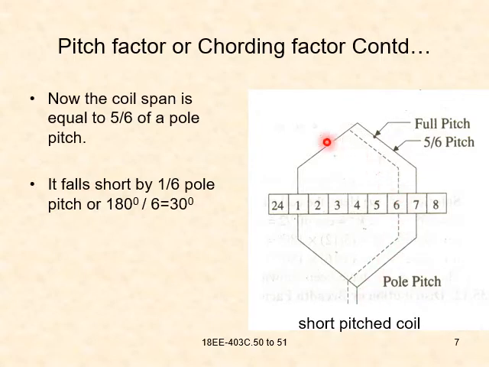So this 1 to 6 is called a short pitched coil, this dotted line. If you observe clearly, that is seen in this diagram.